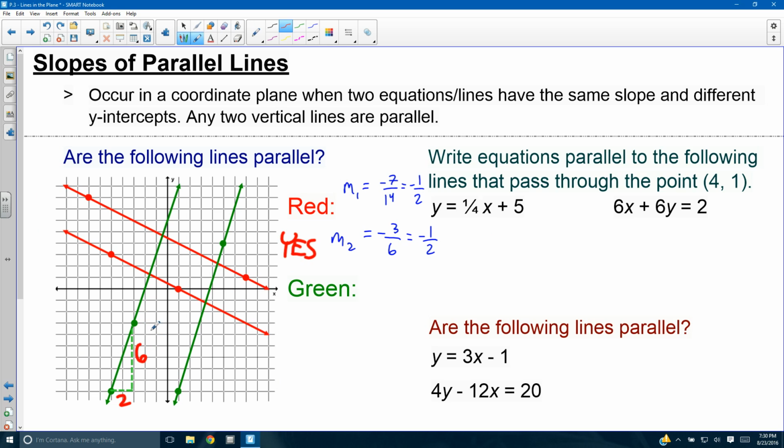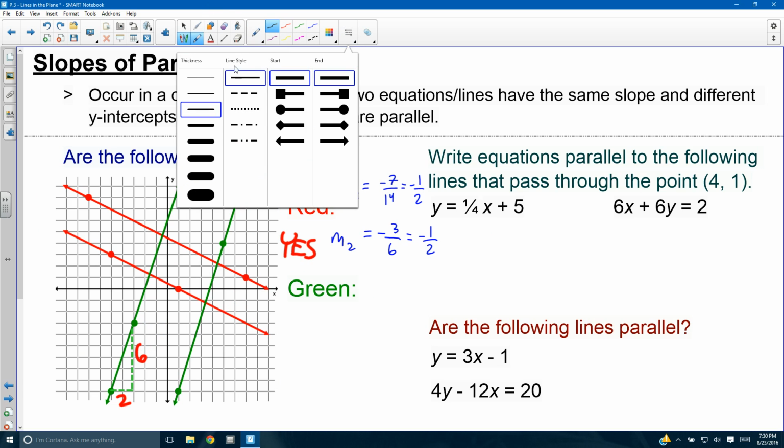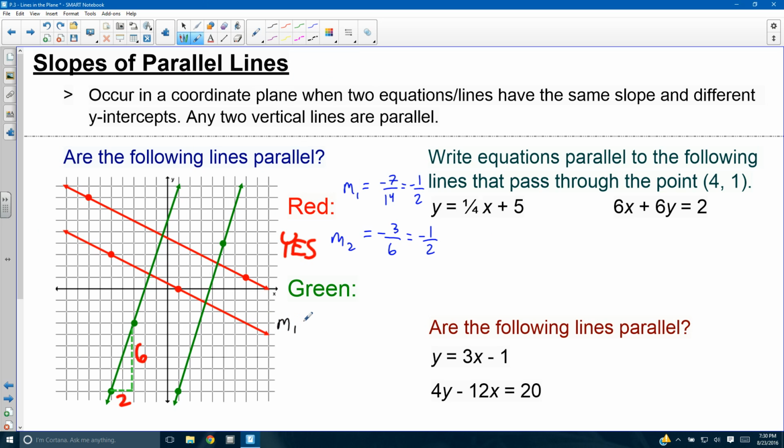Up 6 over 2 for one of your slopes here, which is 3. 3 over 1. This one right here, let's check this. Run and rise. This is over 1, 2, 3, 4, and up 1, 2, 3, 4, 5, 6, 7, 8, 9, 10, 11, 12, 13. So that's 13 over 4, which is 3.